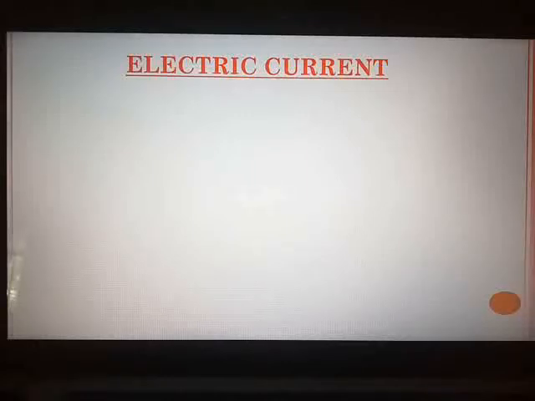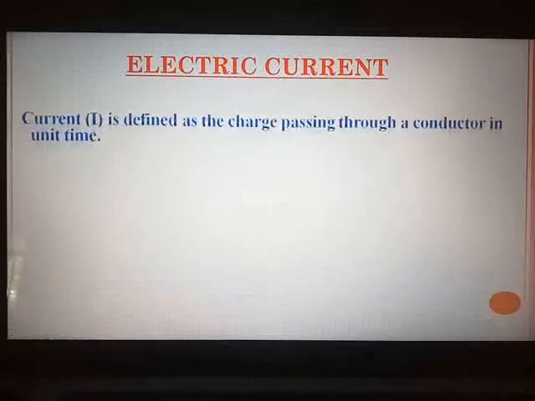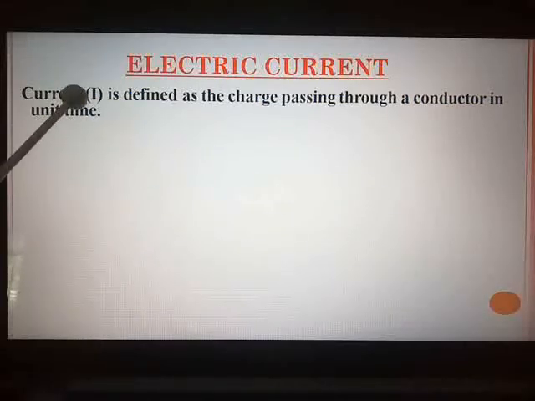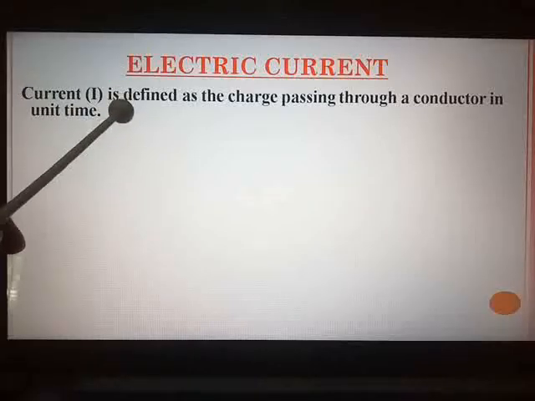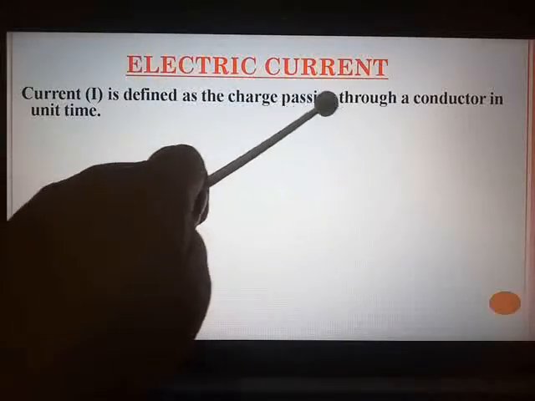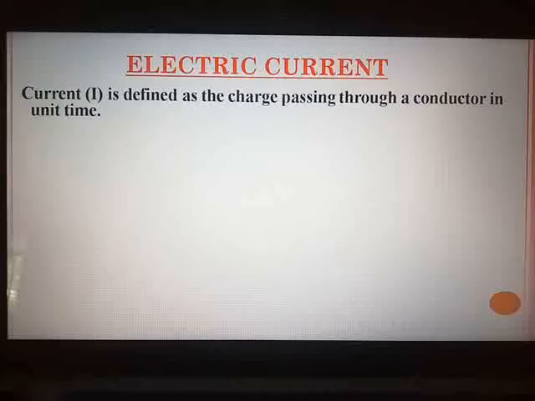Now, just now we have seen that electric current is nothing but the flow of electrons through a wire. So how can you define current? Current is denoted by capital I. Remember carefully, it is defined as the charge passing through a conductor in unit time. Charge, why? Because you know electrons carry negative charge.